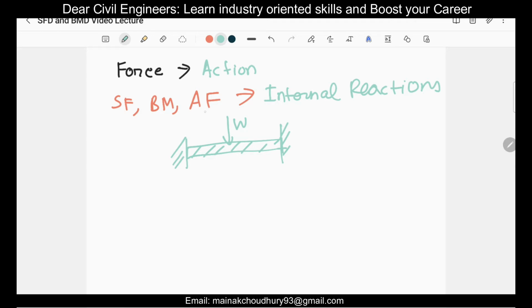These forces are known as the internal forces or internal reactions. So internal forces, shear force, bending moment and axial force, are developed in response to an external force, which is also known as the applied force.